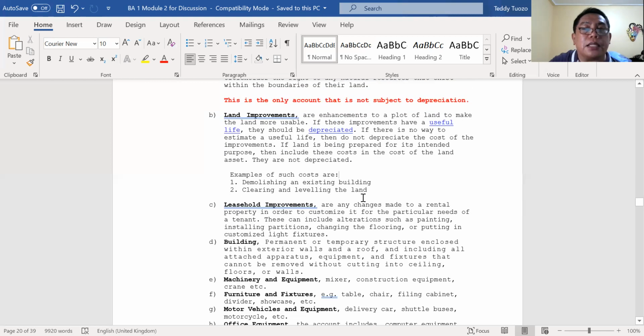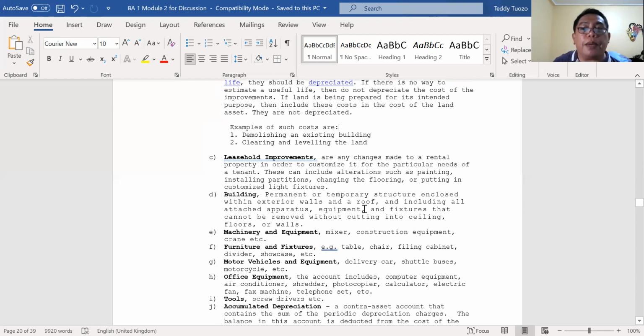Leasehold improvements. Leasehold improvements, these are any changes made to a rental property in order to customize it for the particular need of a tenant. Okay.